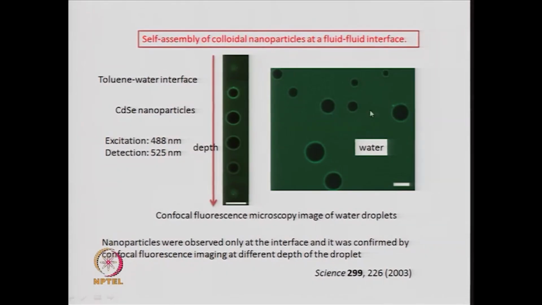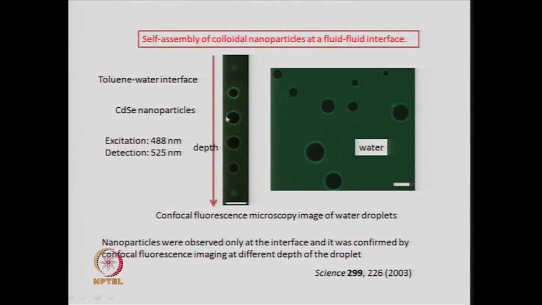If you take a depth profiling, that means looking at the same droplet, but in the z direction, you are going down in the z direction. At the top surface you see something, then the droplet becomes larger, because you are now at the center of the droplet.